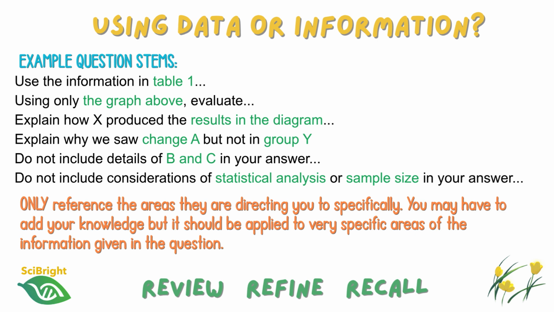Some questions will only direct you to very specific parts of the question, maybe one table or graph. Some questions will ask you to use all of it, but not comment on certain pieces of information. So I've highlighted in green where these clues are, and I strongly recommend you annotate the questions as you read to focus your mind on these clues.